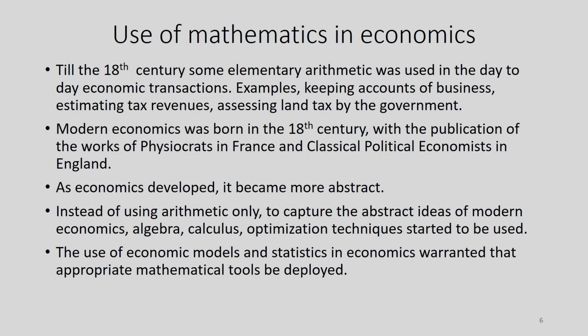And calculus: obviously the subject was known before the 18th century, but by the 19th century calculus started to be used in economics, and optimization techniques started to be used in the 20th century.